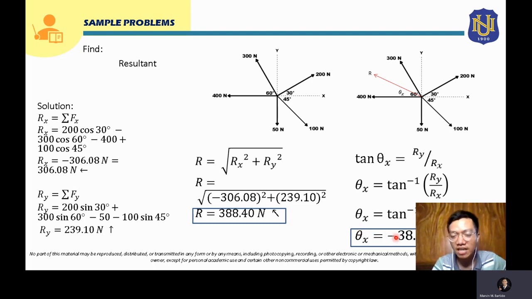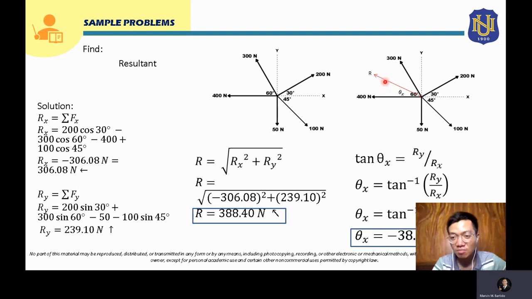The negative sign here indicates that your angle from this x-axis is rotated in a counterclockwise direction. That's what the negative sign represents: from this x-axis to your resultant, it is counterclockwise.